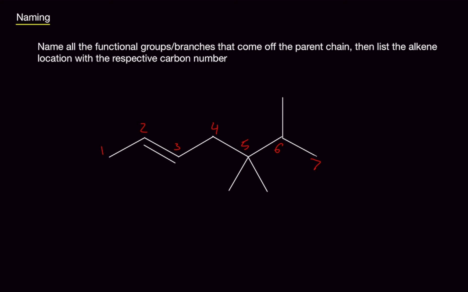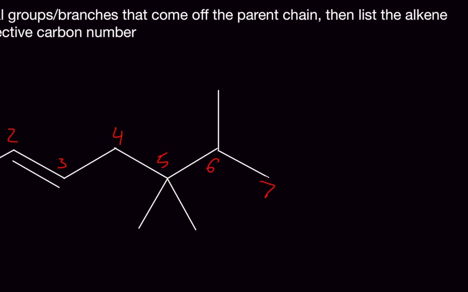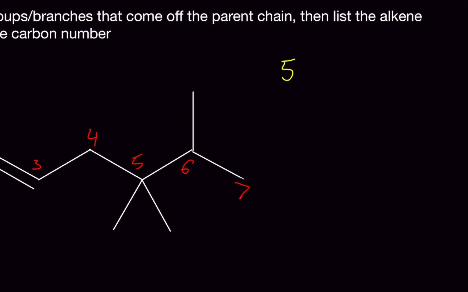Okay, now we need to identify all the substituents coming off of the parent chain, or all the branches, and name them. So here we can see that on carbon 5 we have 2 branches. This is 2 methyl groups. So I'm going to write on carbon 5 we have 2 methyls.